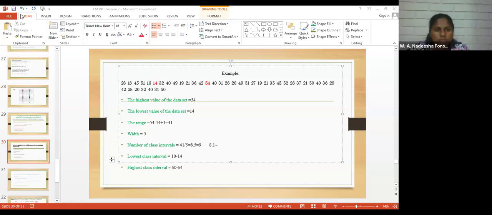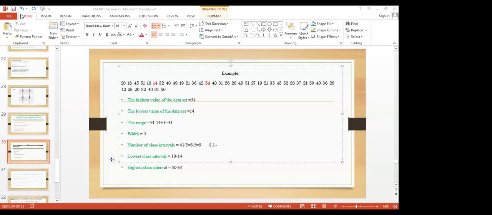Therefore, you have to use 9 intervals. If it is 8.1 or 8.01, that is also above 8. Therefore, we have to go for the next value, 9. Understood? Yes, madam.